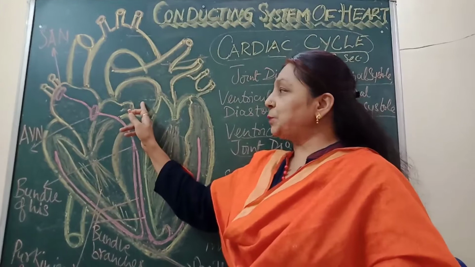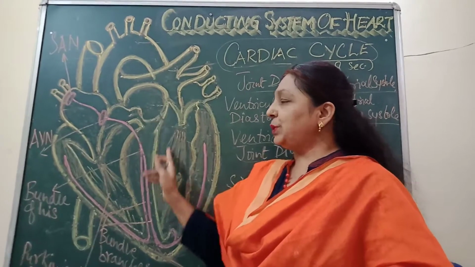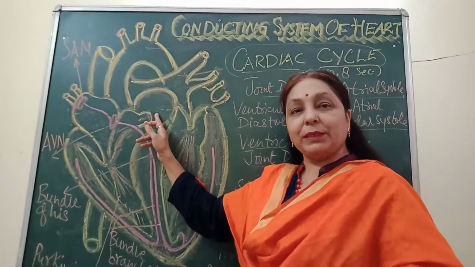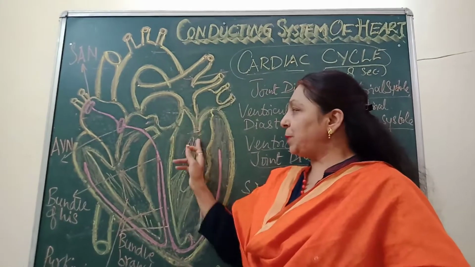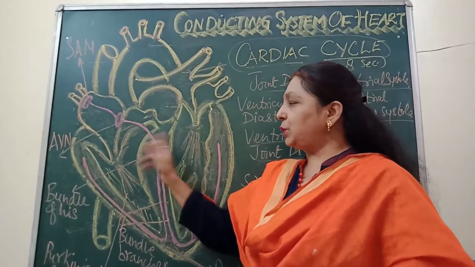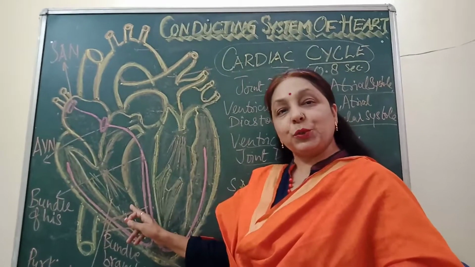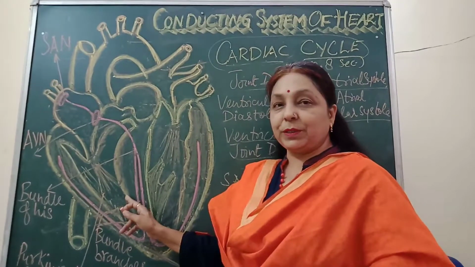That means they are expelling blood from them to the ventricles. Similarly, now the ventricles are getting filled up by the auricles from their respective openings on both sides. That means the ventricles are getting filled up, and now they will be showing diastolic pressure.